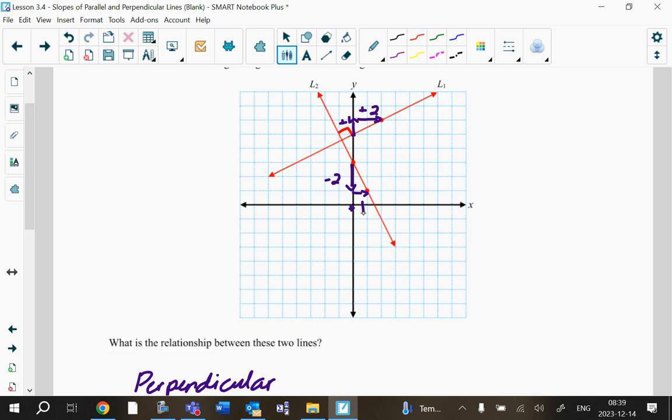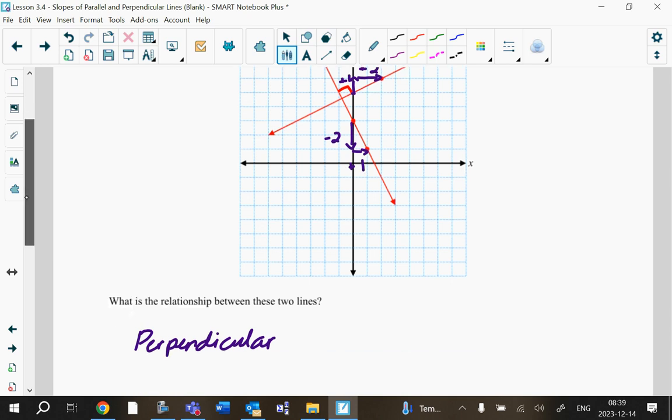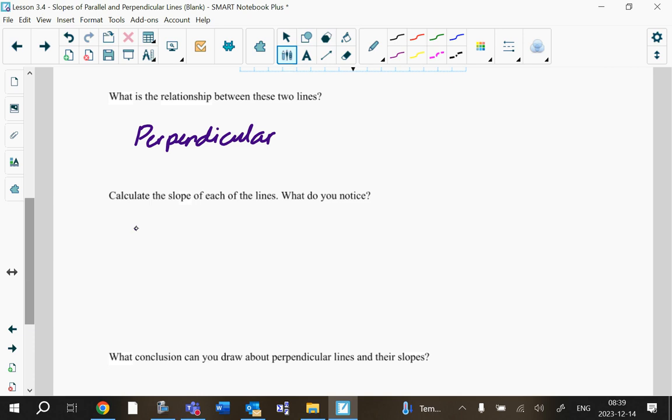So the slope of L1 will be a rise of +1 over a run of +2. The slope of L2 will be a rise of -2 over a run of 1, or we could just say -2.